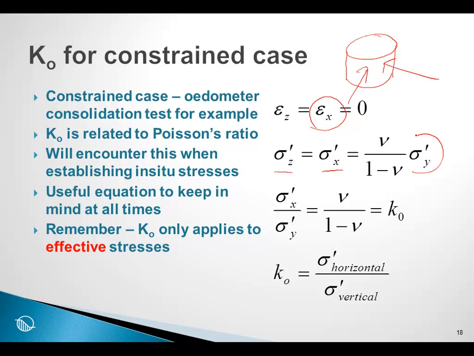Taking the stress y to the other side of the equation, we end up with this ratio, such that the effective stress in the x or horizontal direction divided by the effective stress in the vertical or y direction is related by this ratio of Poisson's ratio divided by 1 minus Poisson's ratio, which is equivalent to the definition of K0. K0 is defined as the effective horizontal stress divided by the effective vertical stress.